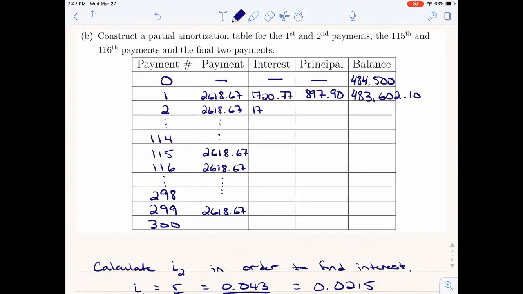I get 1,717.58. 2,618.67 minus 1,717.58 gives 901.09. Then 483,602.10 minus 901.09 is 482,701.01.